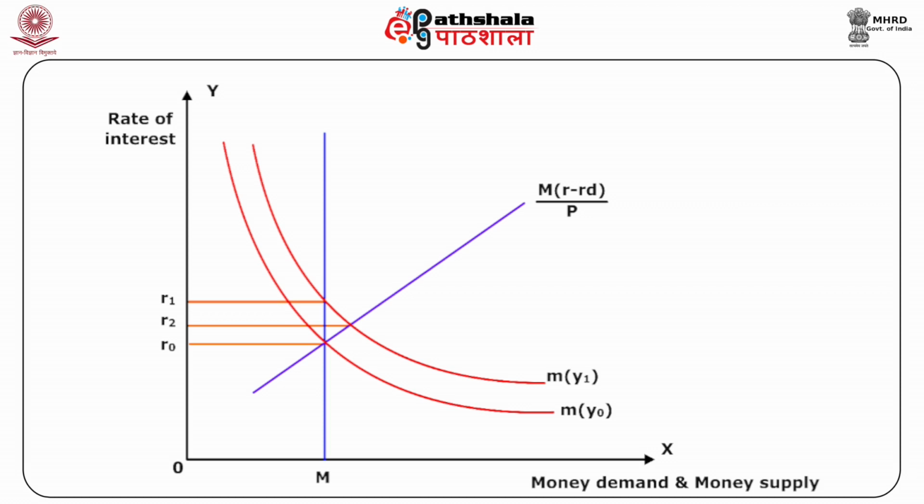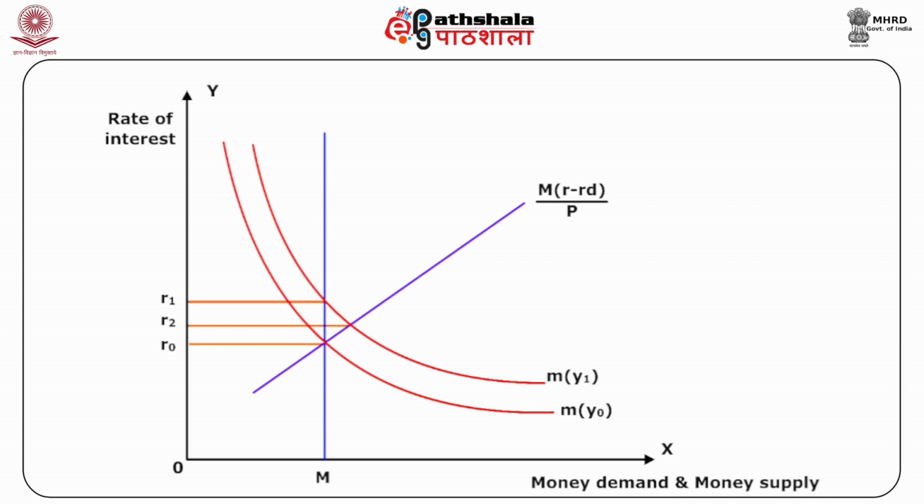Correspondingly, suppose in the product market the level of income increases from Y0 to Y1. The new intersecting money demand function would be m y1, which is the demand for real cash balances. With the new demand for real cash balances, the upward sloping money supply function would intersect at R2.